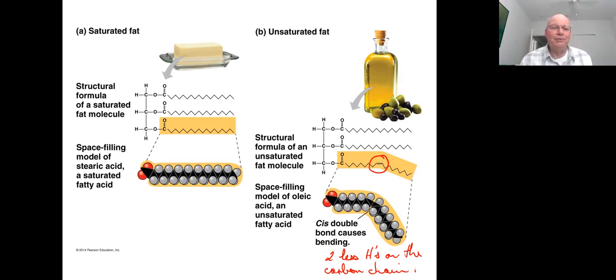So what is a food manufacturer to do? Well, there is a solution, and the solution is to bubble hydrogen through the liquid fat. It's a process called hydrogenation.